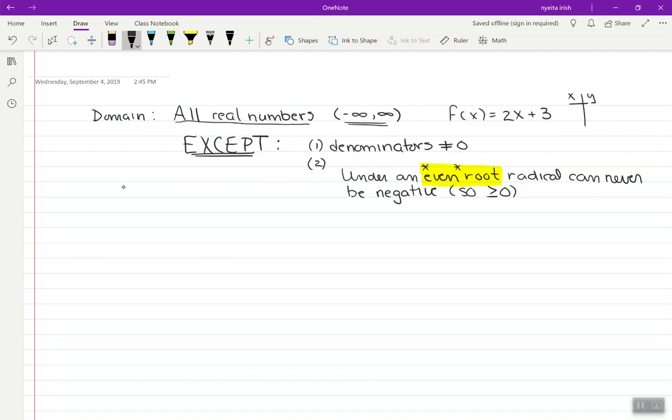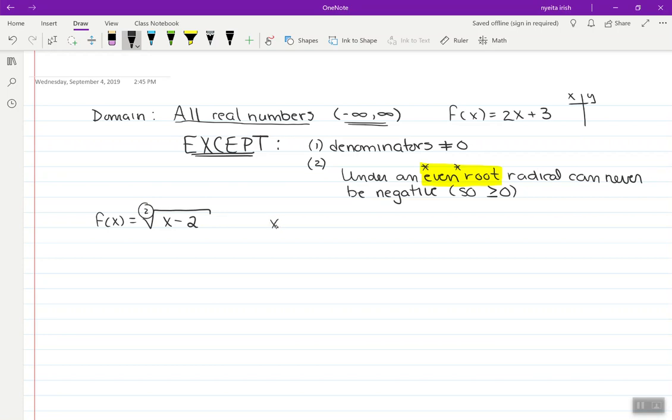So let's take a look at a few of these examples. We'll start with the radicals. f of x equals the square root of, again there's a 2 there that is understood, x minus 2. Because it's an even root radical, I've got an exception. Under an even root radical, it can never be negative.